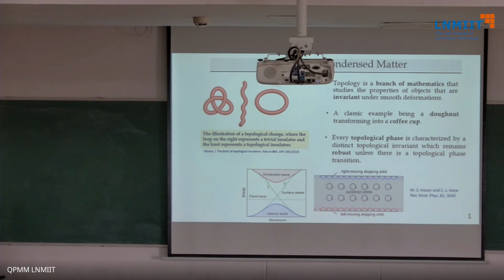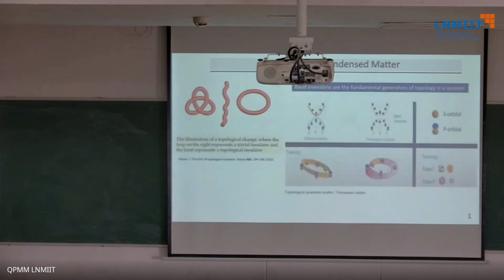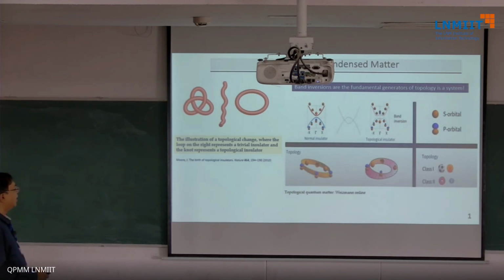band insulators. And so this is one way of looking at it, that there is a band inversion. So in a normal insulator, you have p orbitals in the valence band and you have s orbitals in the conduction band. And in the normal insulator there's a gap there.